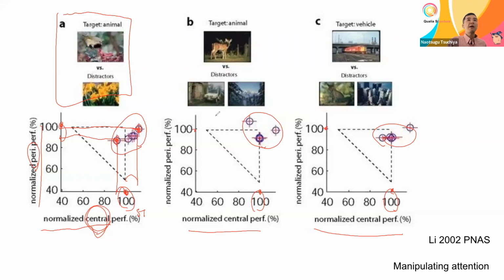And then they did control experiments where half of the distractors contain a vehicle. And then they compared this animal versus vehicle and natural scene, and the results are the same. Or the target is now the vehicle, but the distractor is the animals or this natural scene. So B and C are kind of complementary, whether the effect is a target or not.